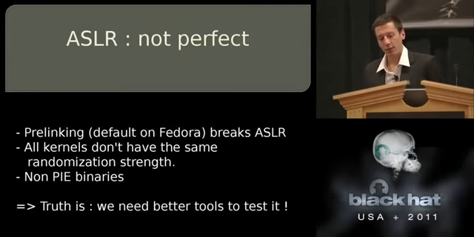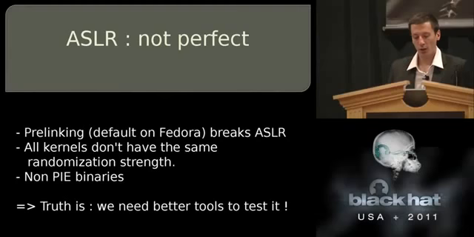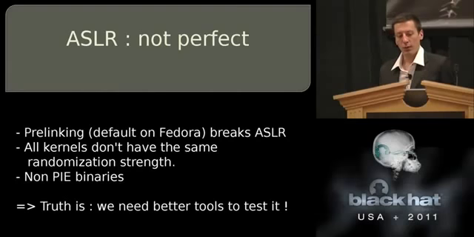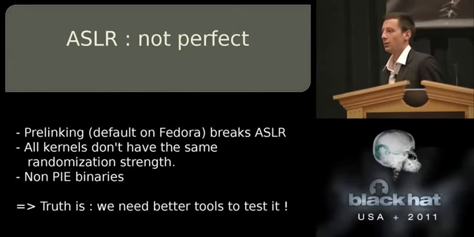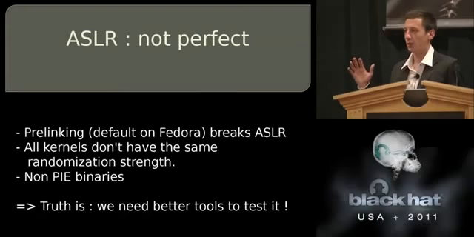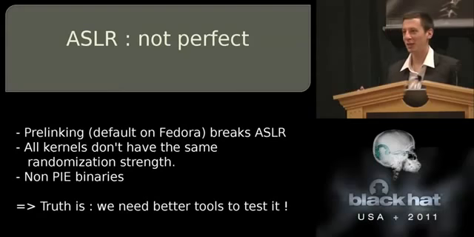Older kernels don't have a very good randomization. The newer ones usually do. And okay, one more thing. If your binary is not compiled as a position-independent executable, you get the main sections of the binary itself, so not the shared libraries but the main binary, non-randomized at all.